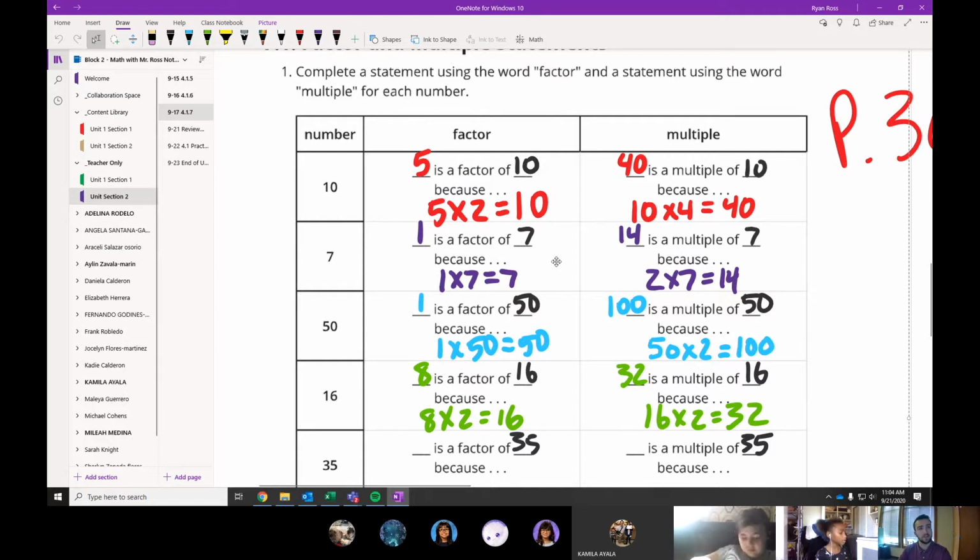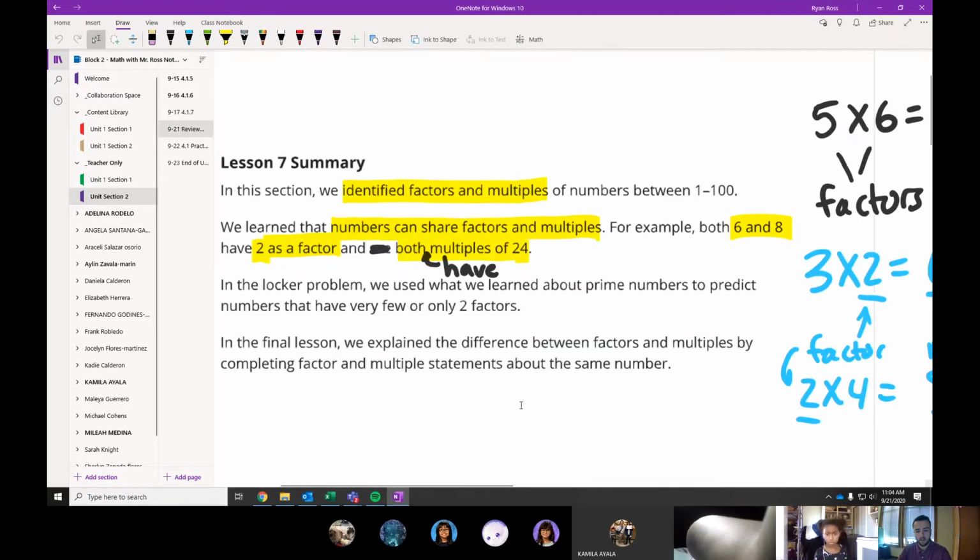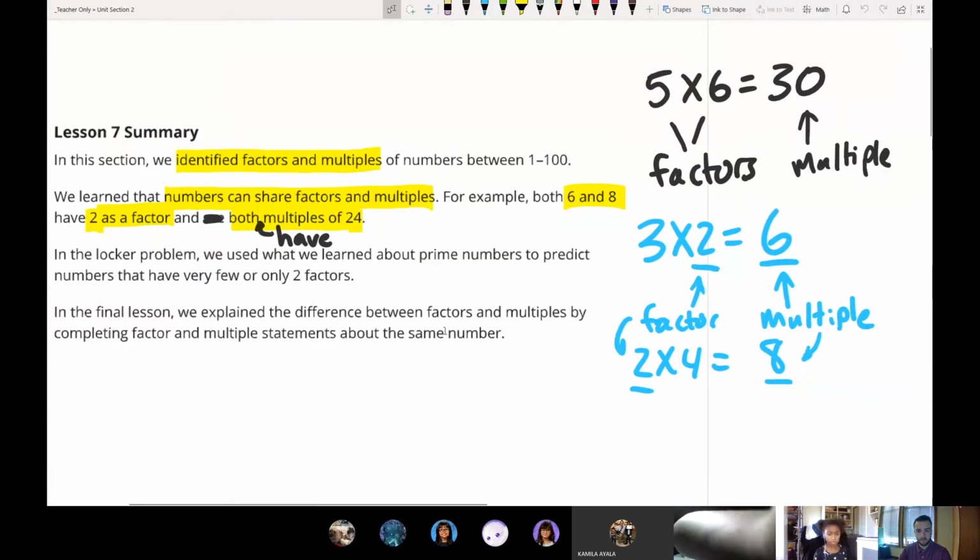So we got some good practice on this on Friday. You should have completed it as homework as well. So that's exactly what we were doing there. We were looking at the factors that make up a number, and then see how 2 is a common factor for each of 6 and 8.